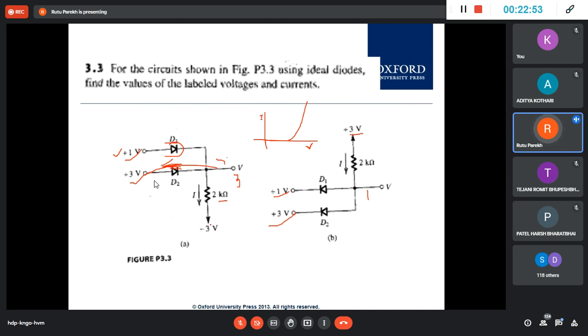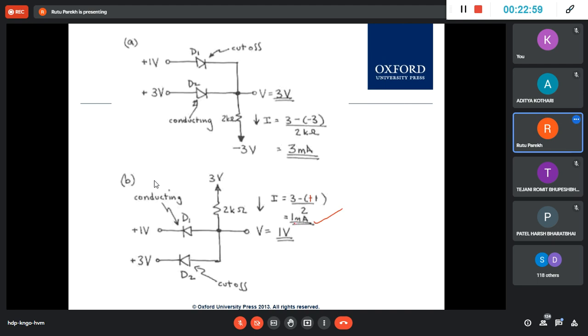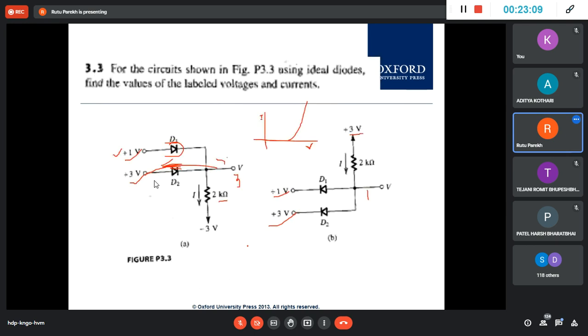This was 3 minus minus 3, this is 3 minus plus 1. That is 1 milli. Okay? And this will go into cutoff, this will be conducting. Right? This is more forward biased.